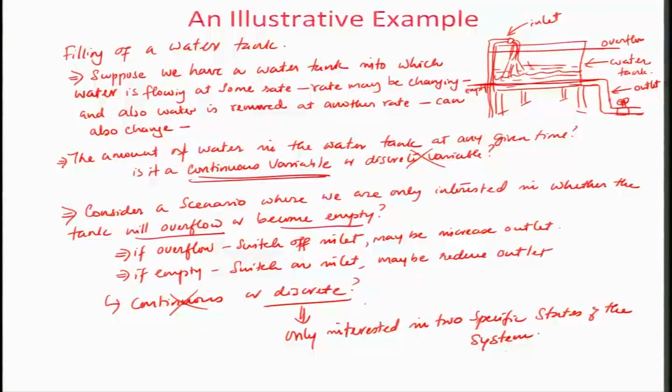Okay. The two specific states that you are interested in are empty or overflow. Okay. Everything else is immaterial to you, whatever the water level is in between, you do not care. So, this is where you have actually now discretized a continuous system. Okay. So, this is an example of how sometimes you study a simple system.